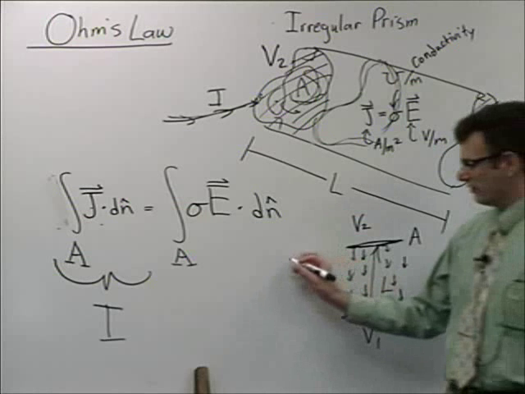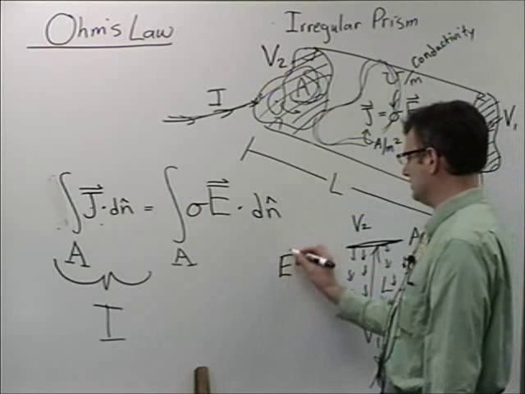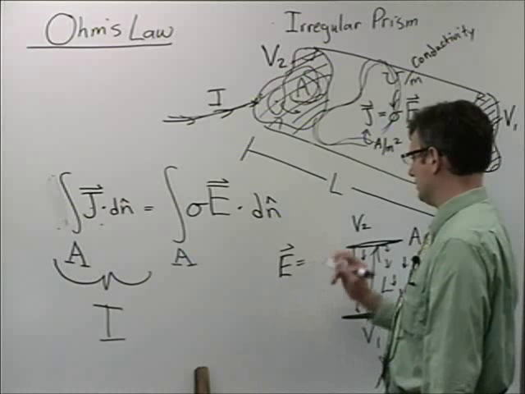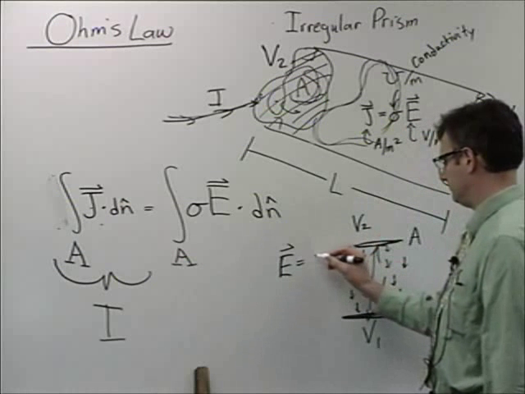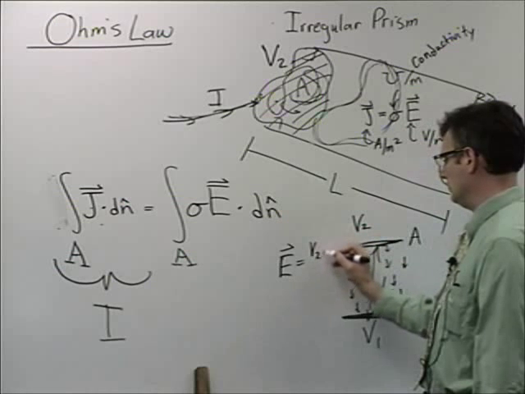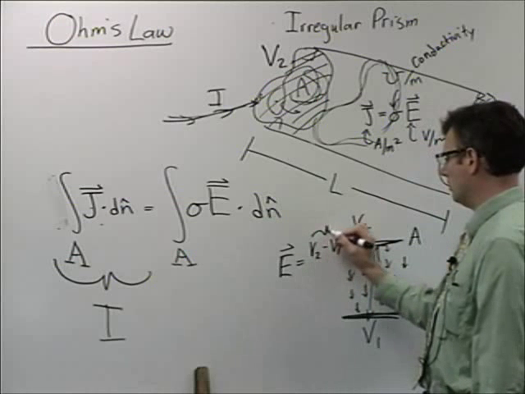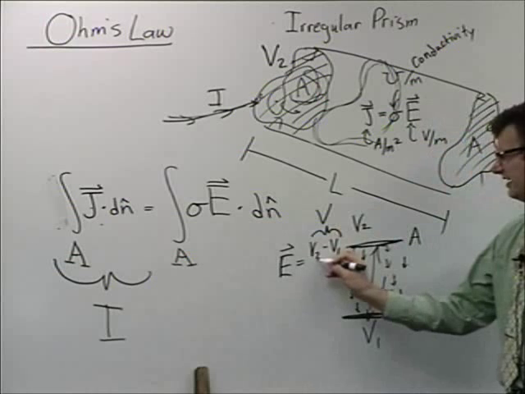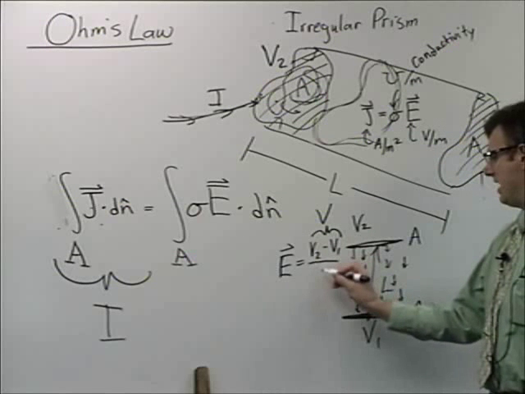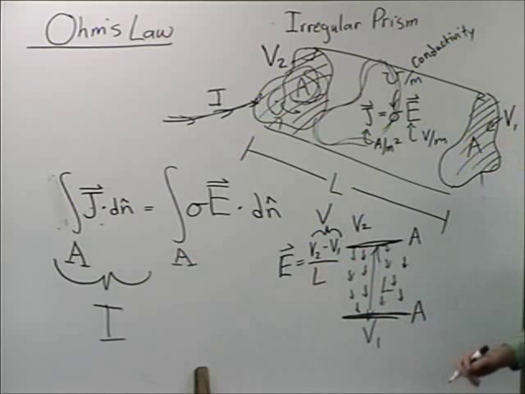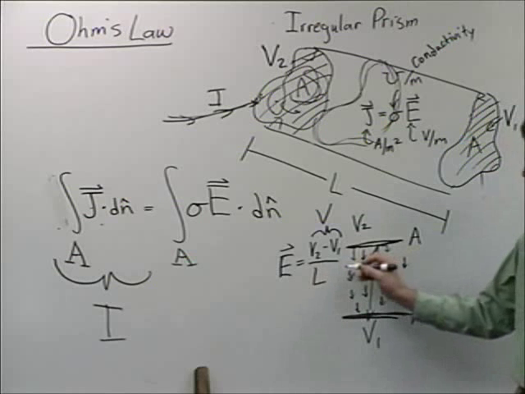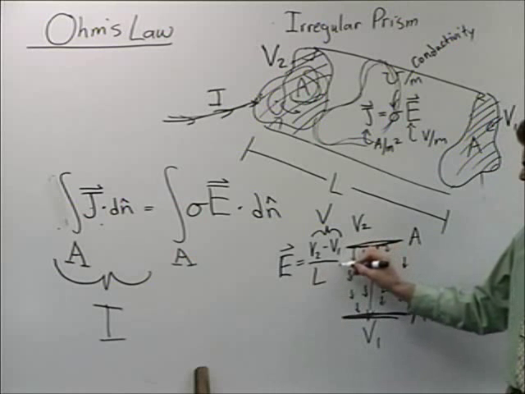Now, if you remember that result, E field here in this case is V2 minus V1, or the voltage drop across the device, divided by the total distance L. And I say that's an approximation. Of course, that would also be in the downward direction, so they put a little negative Z hat there.